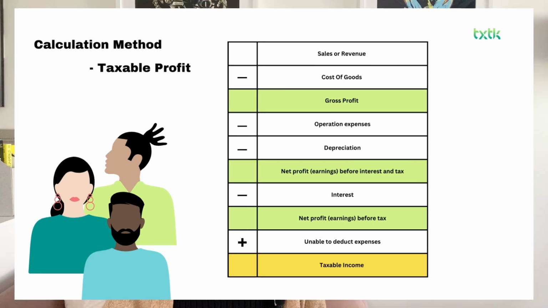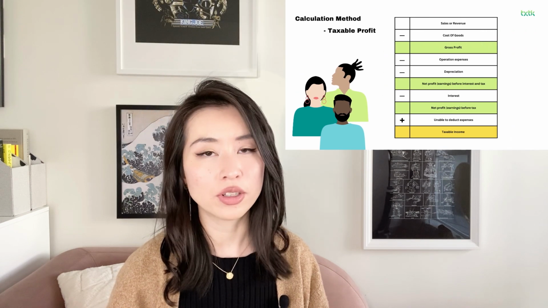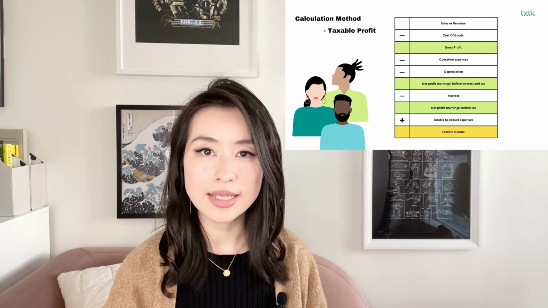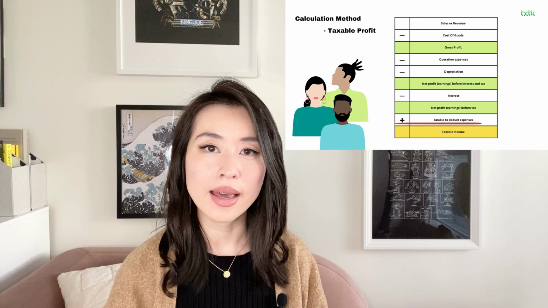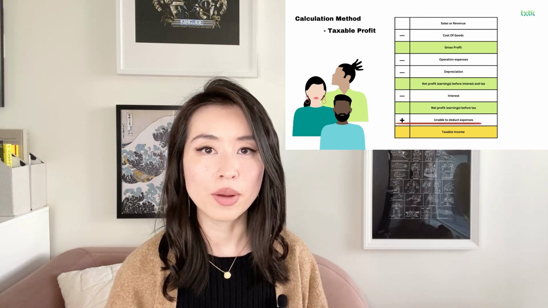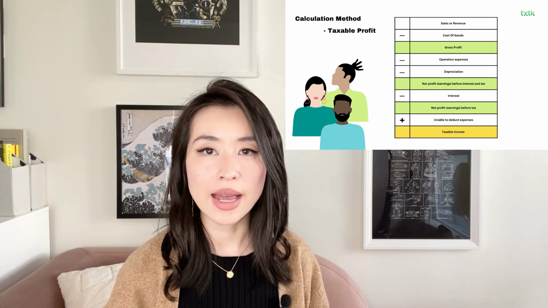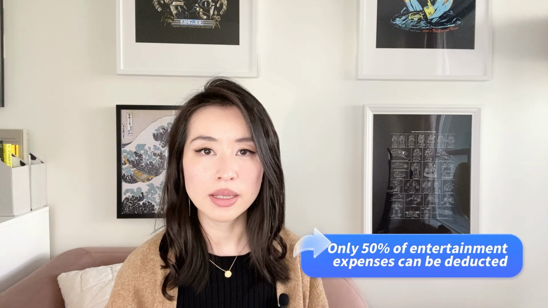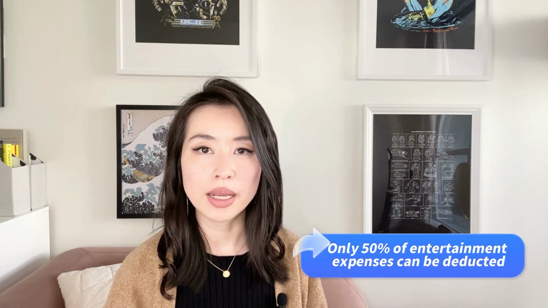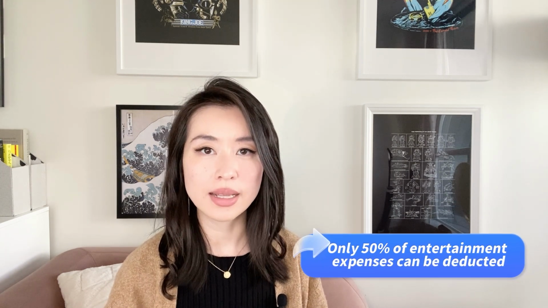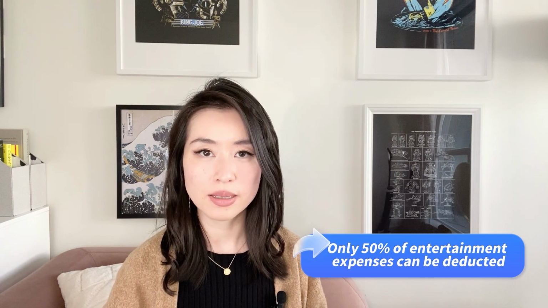However, some expenses as defined by the tax law cannot be fully considered operational costs. In such cases, we need to add back the extra expenses we deducted from net profit to arrive at the taxable profit. For example, tax regulations stipulate that entertainment expense incurred by a company can only be 50% deductible for tax purposes.